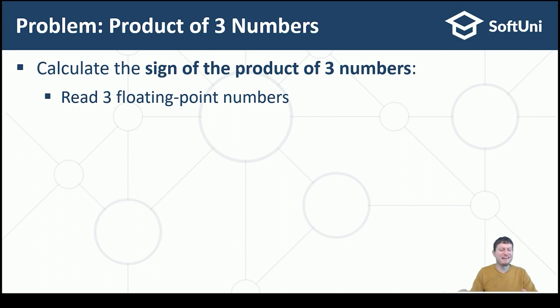Okay, the next problem is called product of 3 numbers. We need to calculate the sign of the product of 3 numbers. Not the product, but the sign. For example, if we have 3 multiplied by -5 multiplied by 2, this is in fact -30.